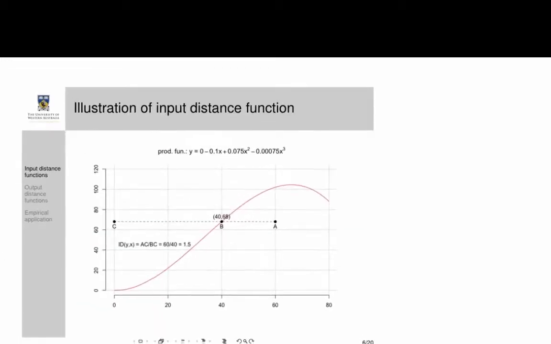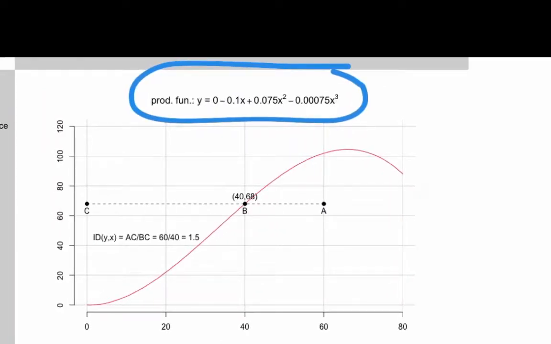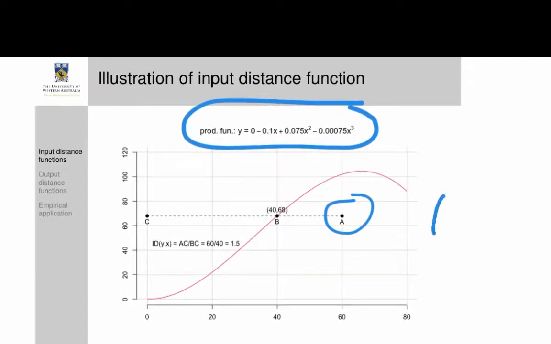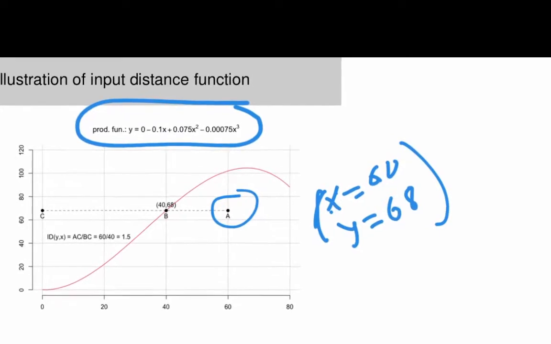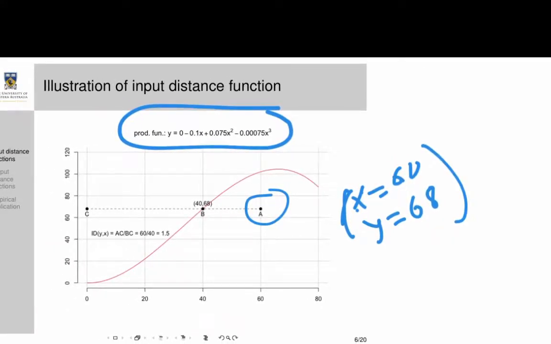So let's say we have a production function which is given by this cubic function. Let's say we have an observed point A where we are using 60 units of X to produce 68 units of Y. And obviously, because this point is below the production function frontier, it's inefficient, but that inefficiency in this case is being measured in terms of input orientation.